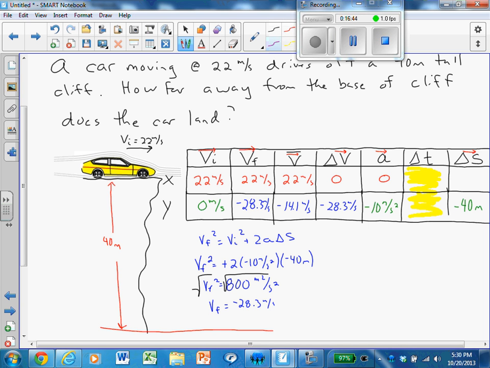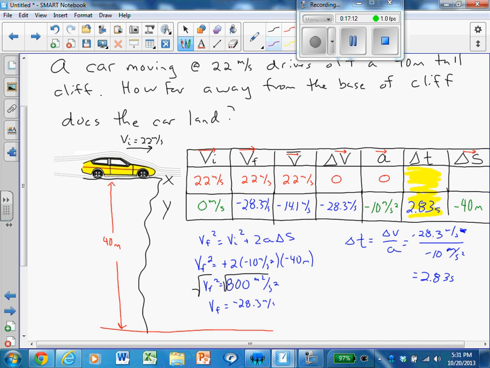And delta T is delta V over A, or minus 28.3 meters per second over minus 10 meters per second squared, which equals 2.83 seconds. So that's how long it's in the air.